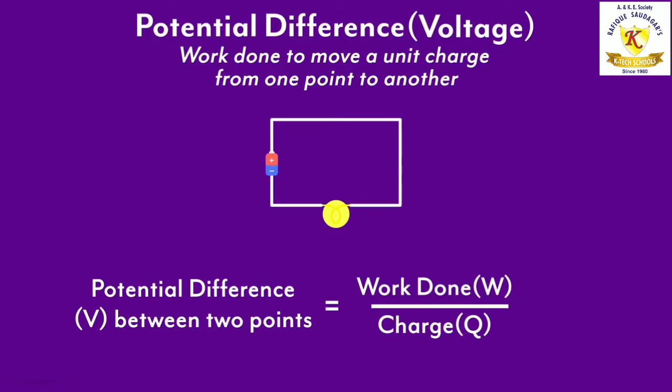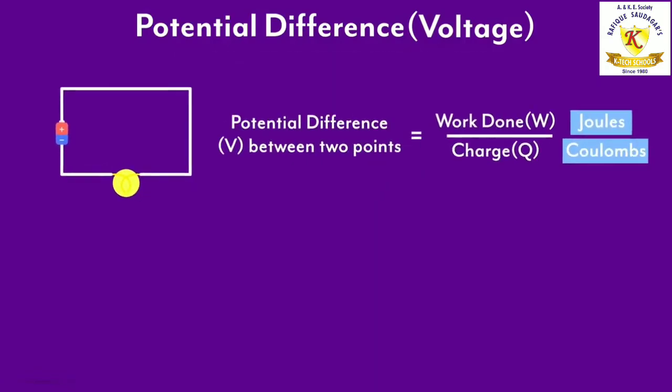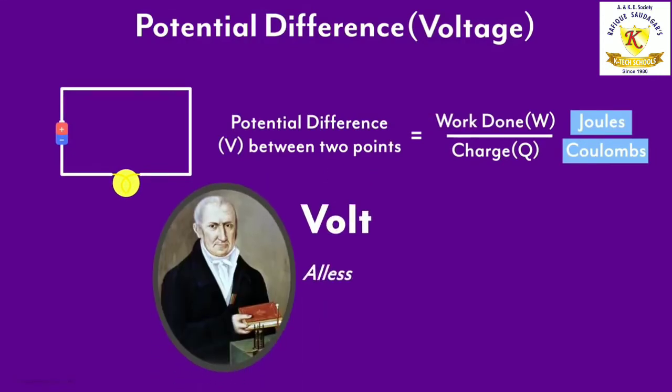We know that work is measured in joules and charge is measured in coulombs. So what will be the SI unit of potential difference then? It's the volt, named after Alessandro Volta, an Italian physicist.